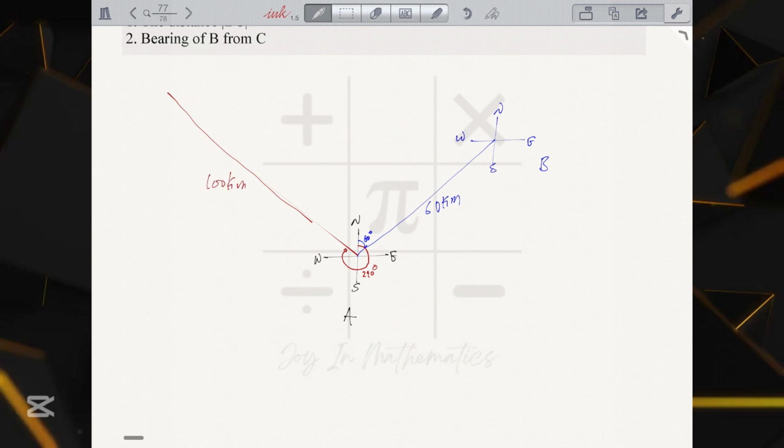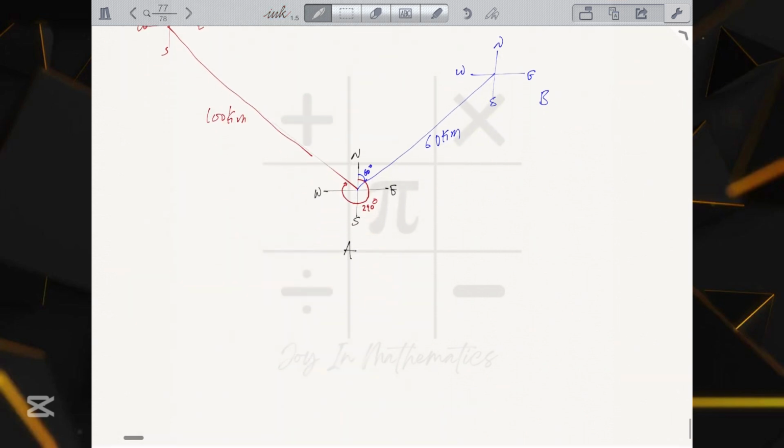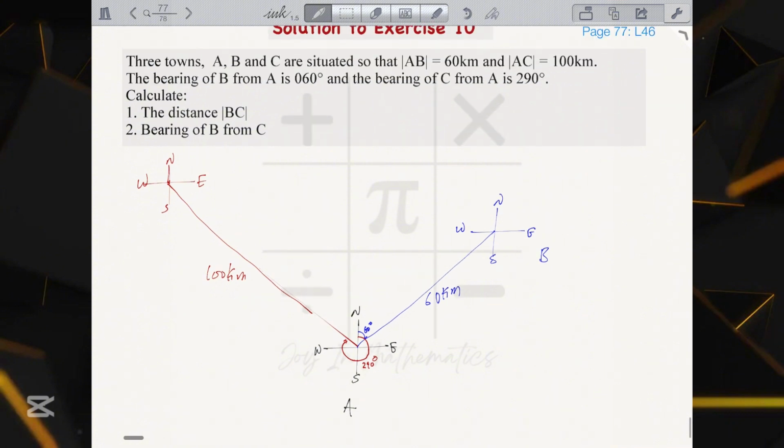So when we get here, we draw another cardinal point of north, south, east, and west. So there, after that, we then draw the connecting points between B and C, because this point is C. And let's draw the connecting points together, and we have this.